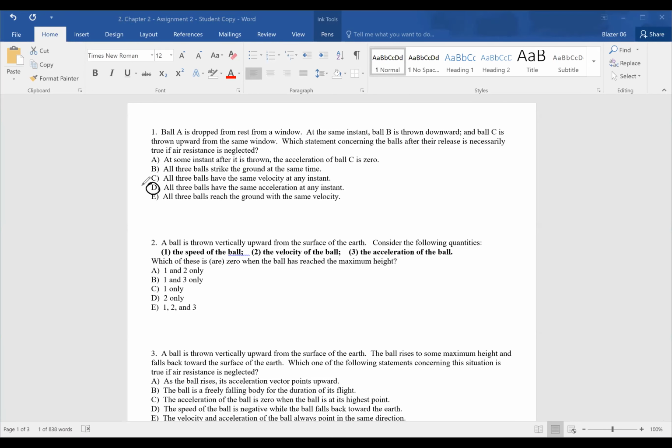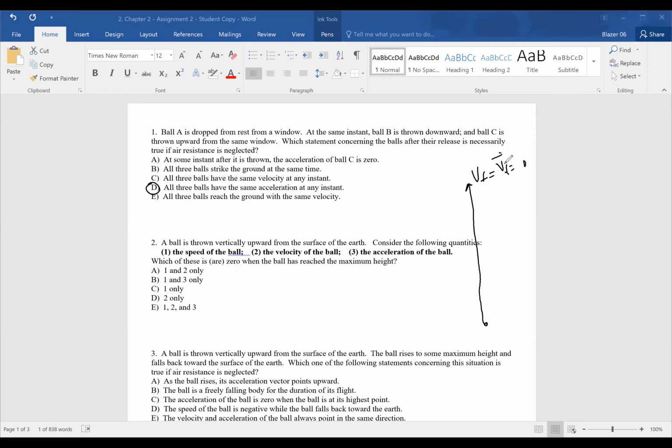Okay. Now, a ball is thrown vertically upward from the surface of the earth. Consider the following quantities: the speed of the ball, the velocity of the ball, the acceleration of the ball. Which of these is 0 when the ball has reached its maximum height? If I throw a ball up, when it gets to its maximum height, both the speed and the velocity at the very top have to be 0.